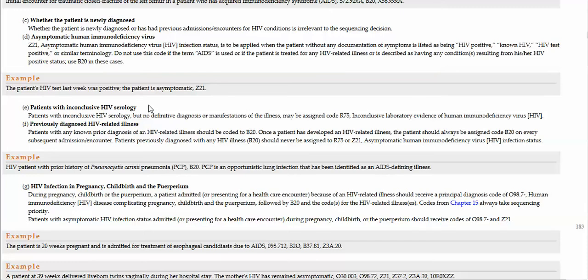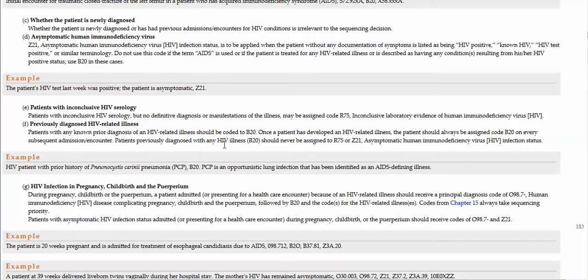So previously diagnosed HIV-related illness, here we are. Patients with any known prior, and this is an important one, prior diagnosis of an HIV illness should be coded to B20. Once a patient has developed an HIV-related illness, the patient should always be assigned code B20 on every single subsequent admission or encounter.